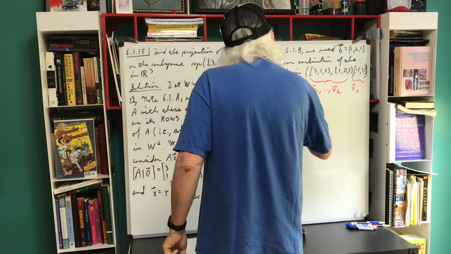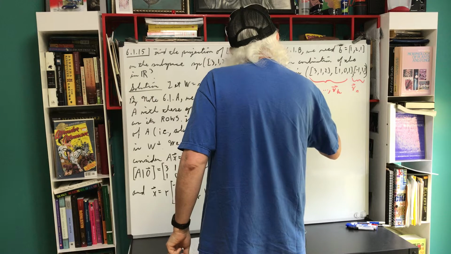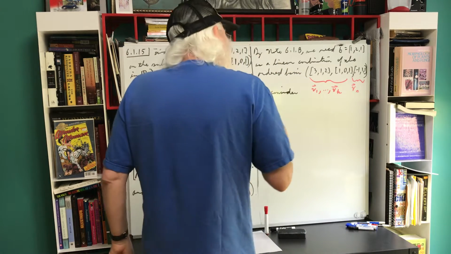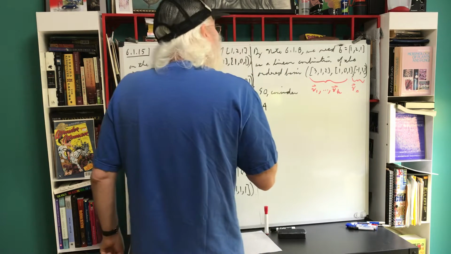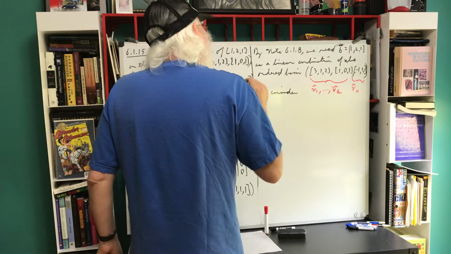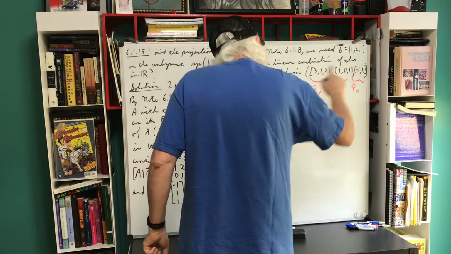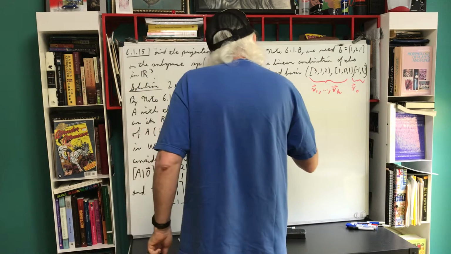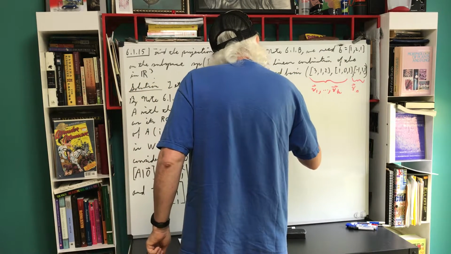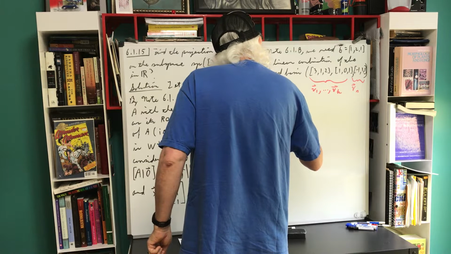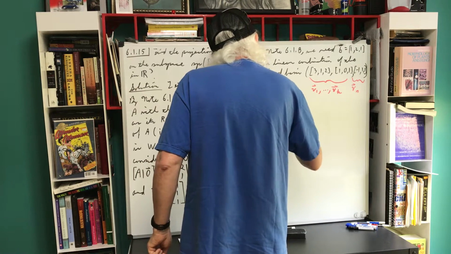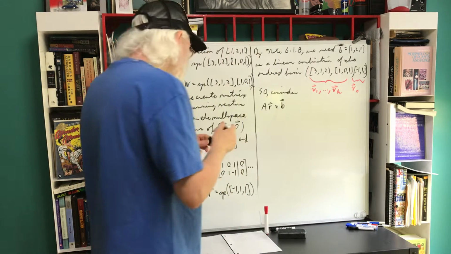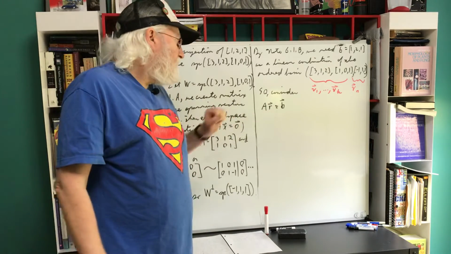So, consider, all right, we're trying to write vector B as a linear combination of these vectors. So we want to consider something of the form A times vector R equals vector B. We're using R's to represent the coefficients, as we did in note 6.1.b.